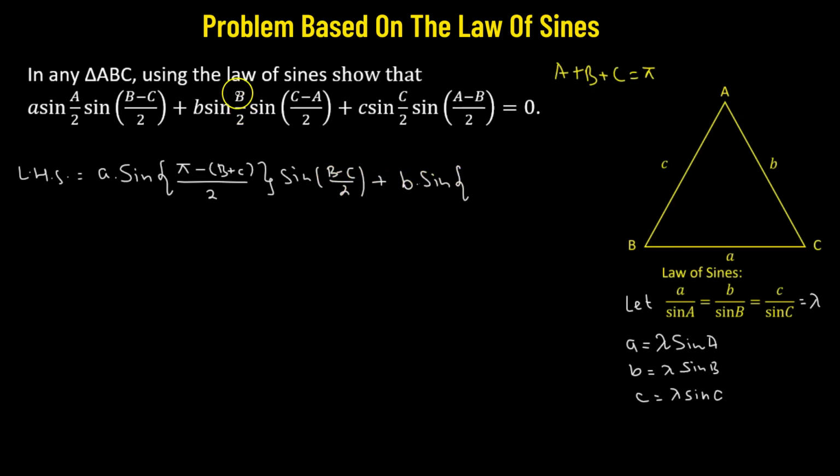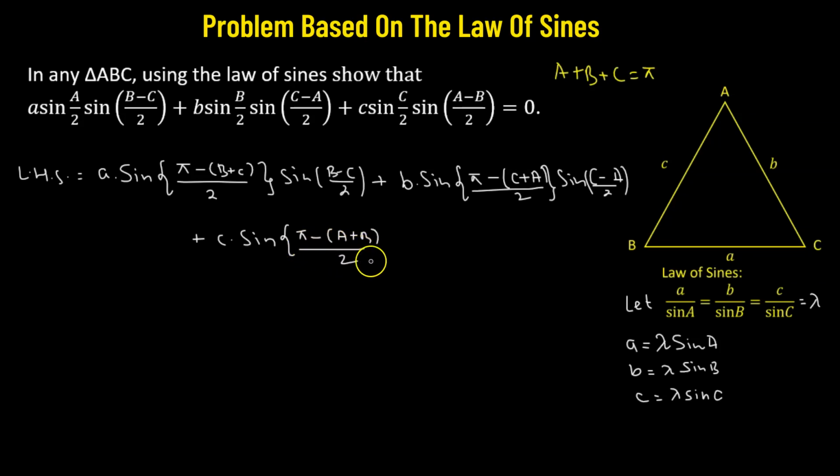Now the B in the numerator can be replaced with pi minus (C plus A), divided by 2, multiplied by sine of (C minus A) over 2. And the last term is c times sine of C over 2. So we're going to replace the value of C with pi minus (A plus B), divided by 2, and this is multiplied by sine of (A minus B) over 2.